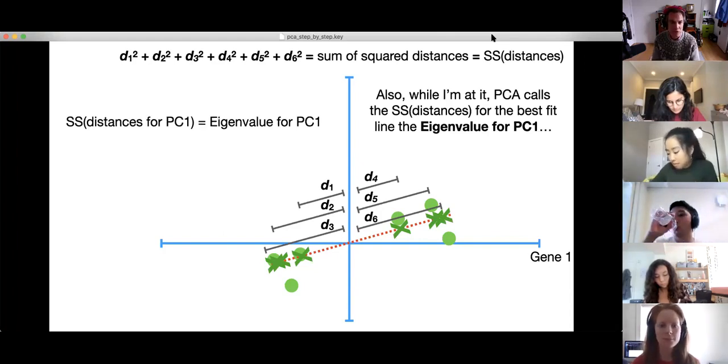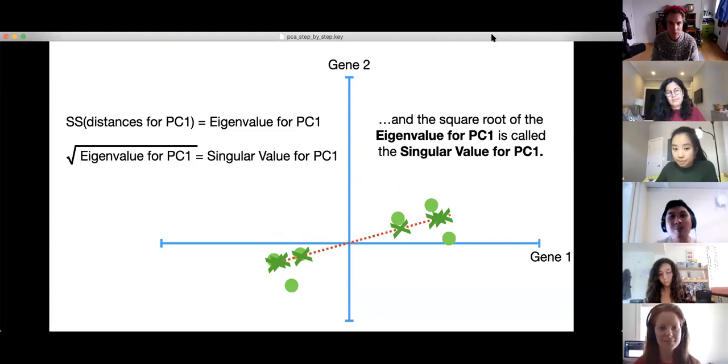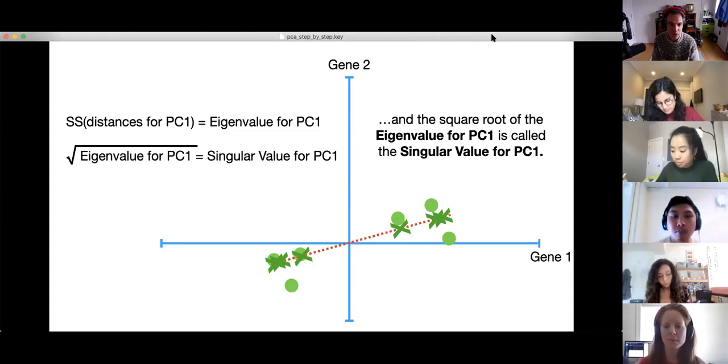So we've got the sum of the squared distances for PC1 equals eigenvalue for PC1, and that's just some lingo that you got to get used to, because if you ever do PCA in practice, someone's going to be like, what are the eigenvalues? And you're like, oh, well, they're just the sum of the squared distances, no big deal. And if we take the square root of the eigenvalue for PC1, that's called the singular value for PC1.